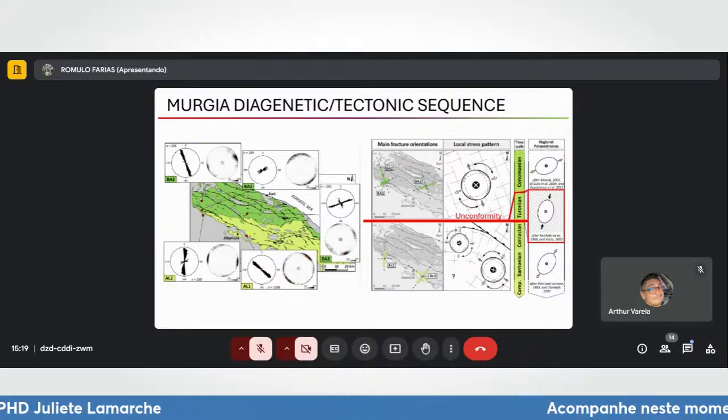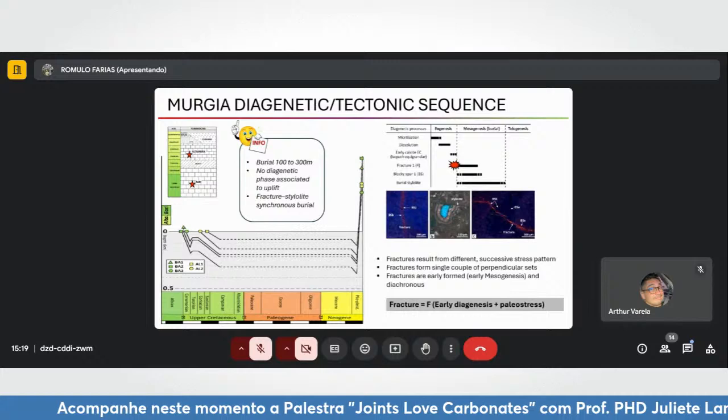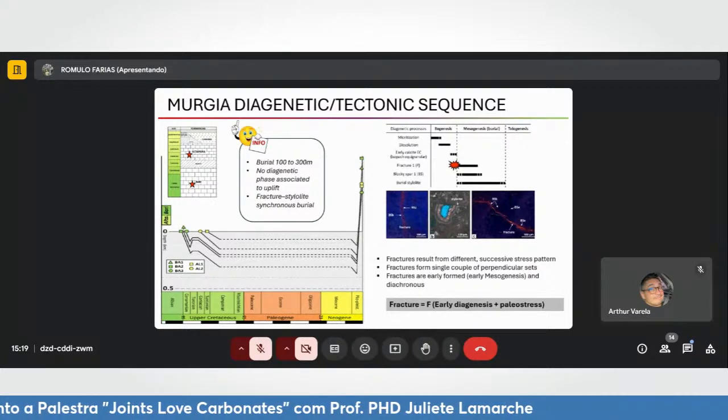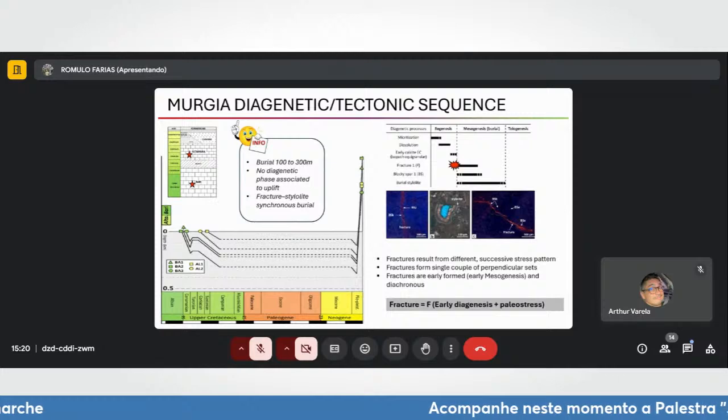So what can we infer from this? One more element: the burial curves. They have about the same burial, with a little bit more burial for the lower Cretaceous, but it's the same history. And they have one single brittle event.